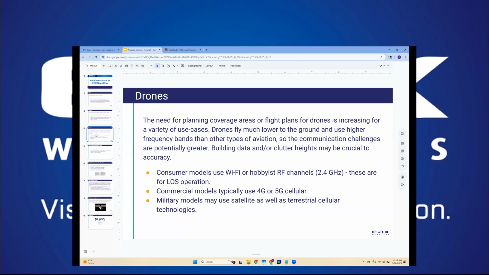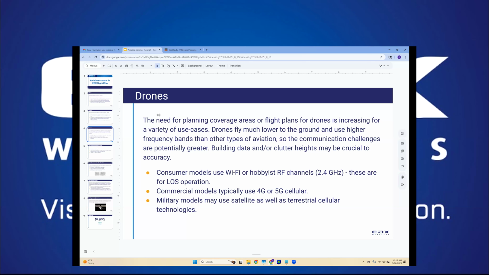And drones tend to fly much lower to the earth and are therefore much more likely to have their coverage and performance affected by terrain, clutter from buildings and trees, and also noise, RF noise in band. All of these things can, of course, be planned for in Signal Pro as well.